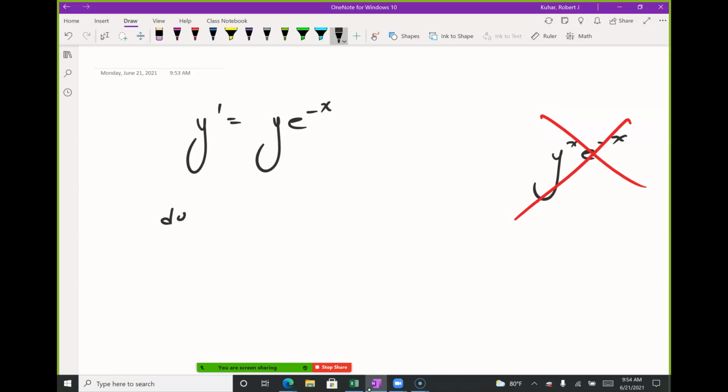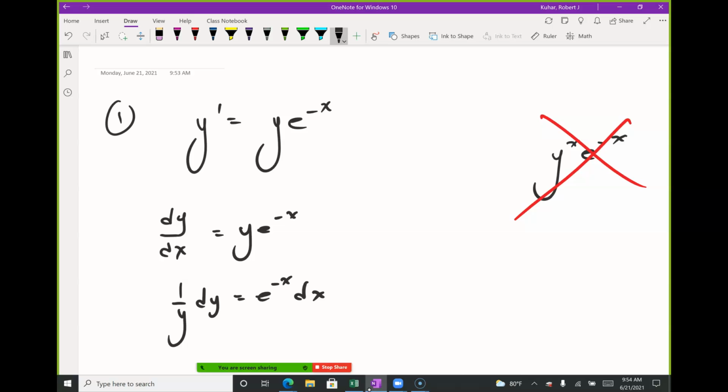So here I get dy dx equals y e to the minus x. And of course I get 1 over y dy equals e to the negative x dx. Everybody with me there? There's my initial problem. And let's make this an initial value problem. Let's say it's (0, 1).